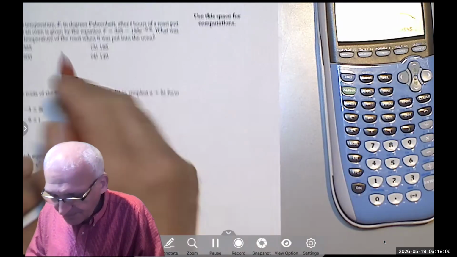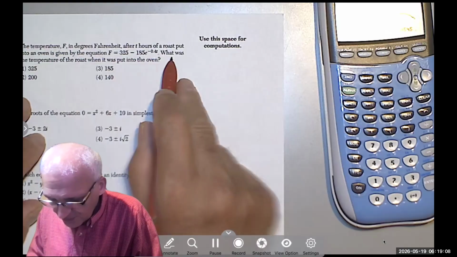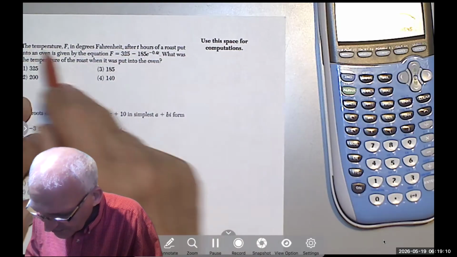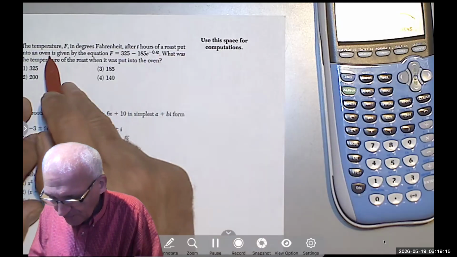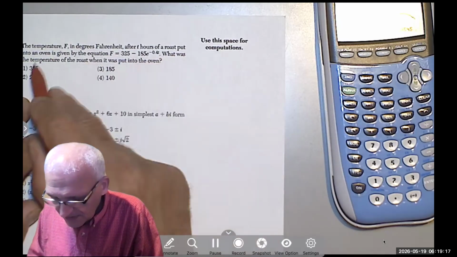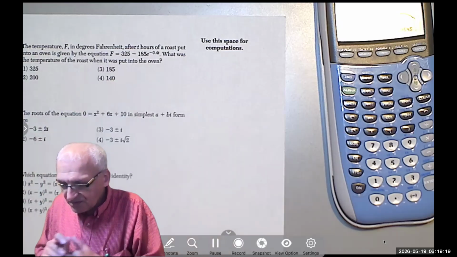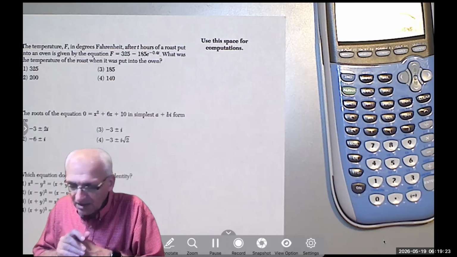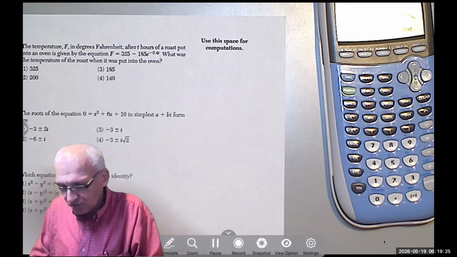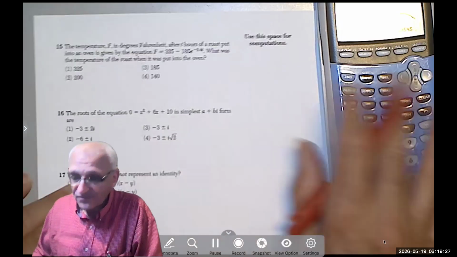Number 15, the temperature in Fahrenheit after 3 hours of a roast put into an oven is given. What was the temperature of the roast when it was first put in the oven? Meaning at T equals 0. Some students will say, oh, 0, so it has to be 325. No, be careful.